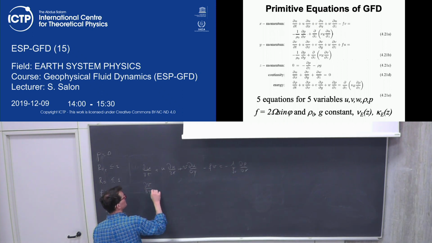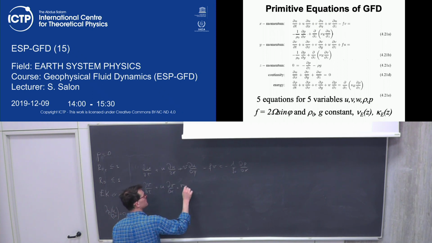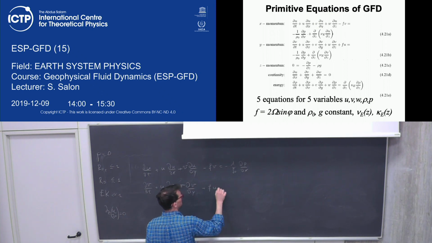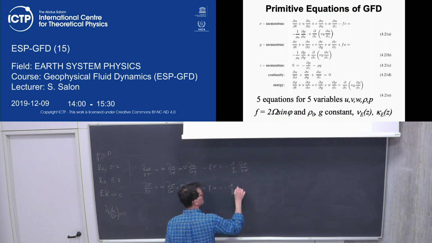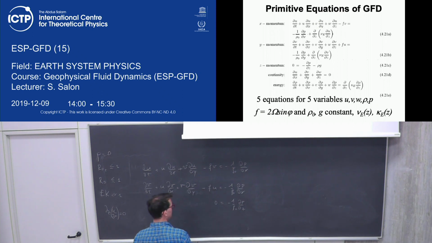Then dv dt plus u dv dx plus v dv dy plus fu equal minus 1 over rho 0 dp dy. Then we have simply 0 equal dp dz, and then we have the continuity equation. Okay?